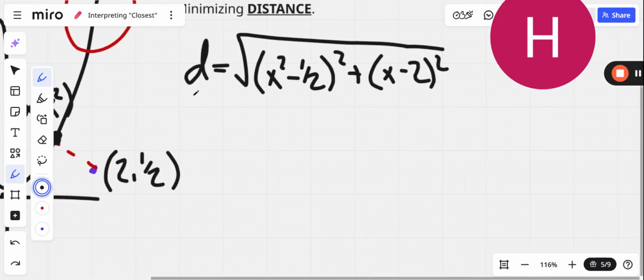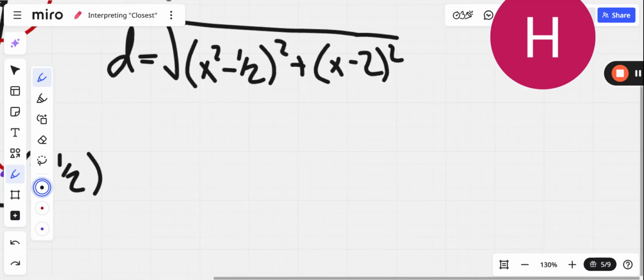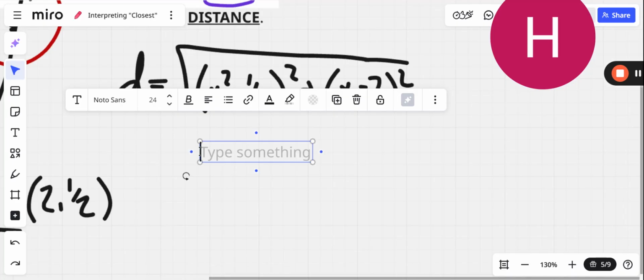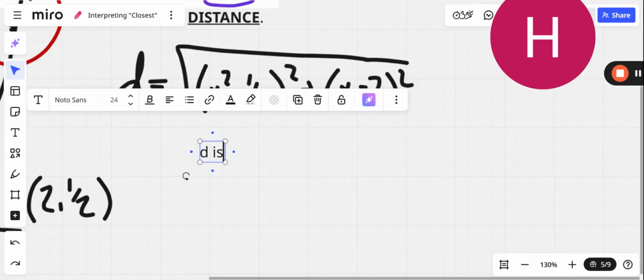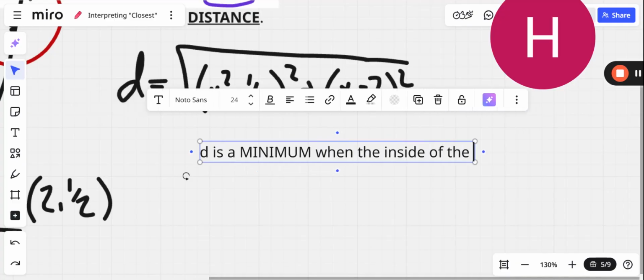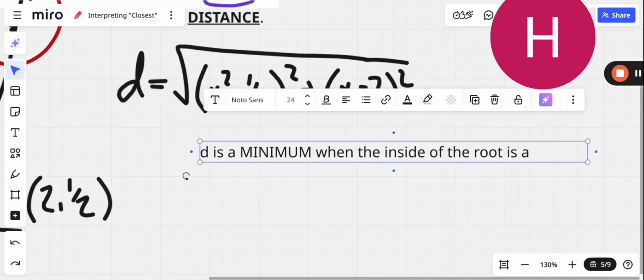Because we don't really want to take a maximum of this, you have to take a derivative, and it's kind of gnarly. You could open it up if you want, but it's a little bit gnarly to take a derivative of and then work with. What I want you to observe, and you're going to have to use this in problems like this, you can simply state that d is a minimum when the inside of the root is a minimum.